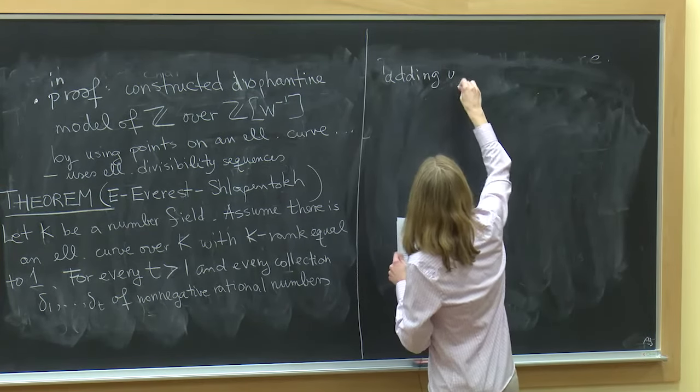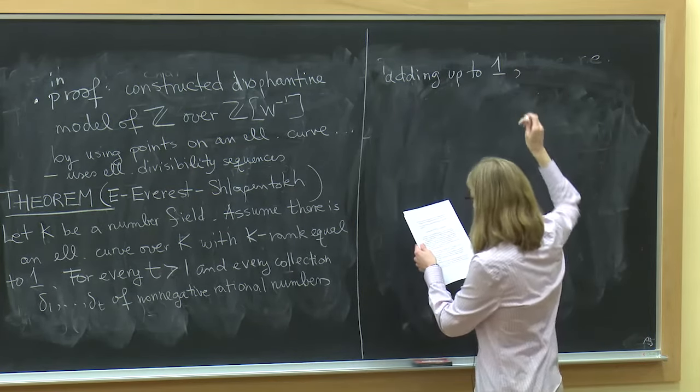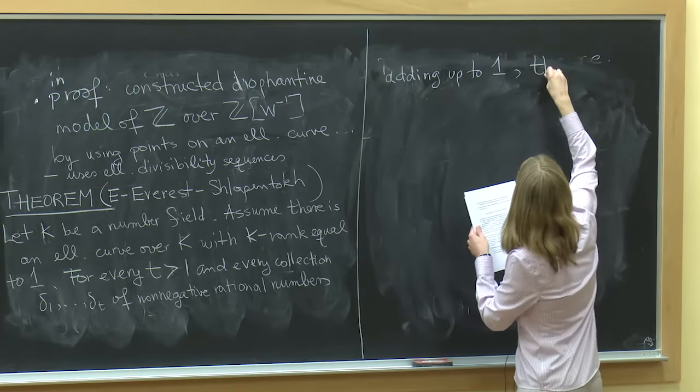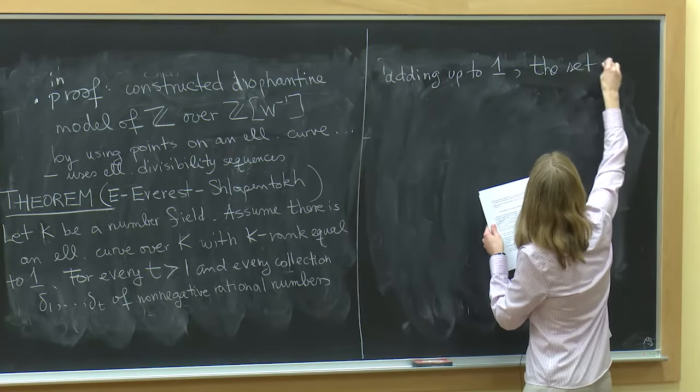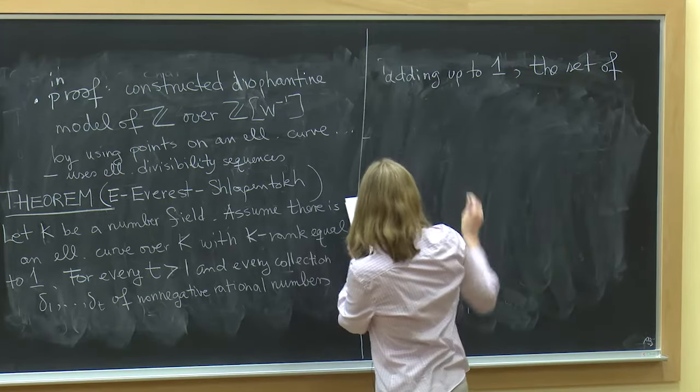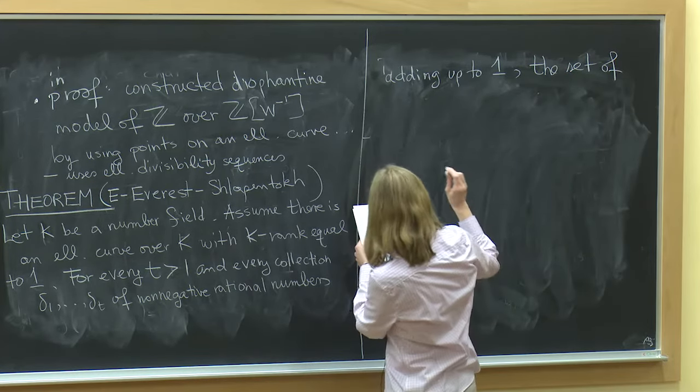So adding up to 1. The set, so the prime numbers are now being replaced by the non-Archimedean valuations.